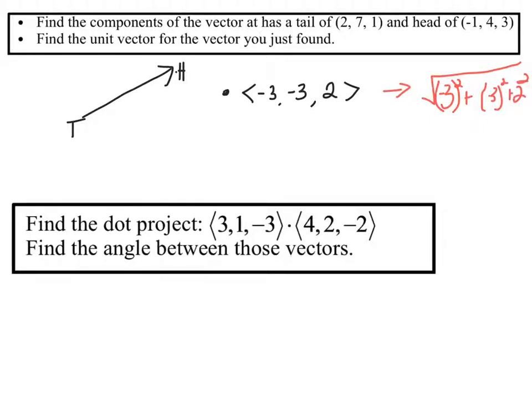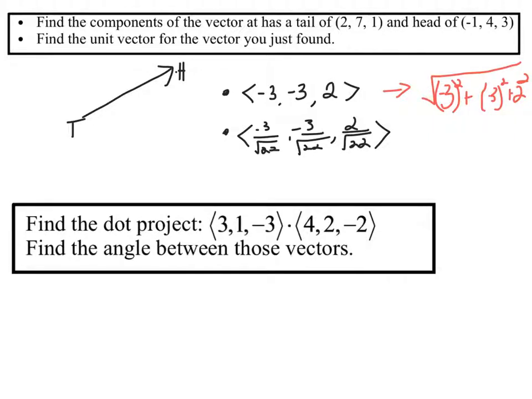So 3 squared is 9, plus 9 is 18, plus 4, it is the square root of 22. So my unit vector will be the same direction, but have a scalar of 1 over the magnitude. So it will look like that.